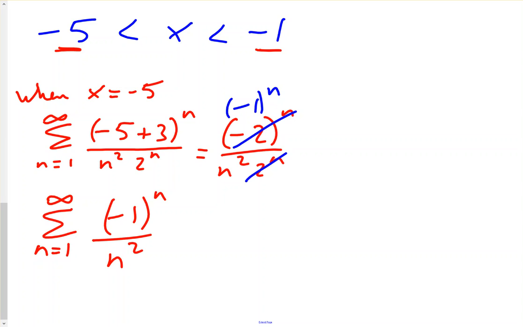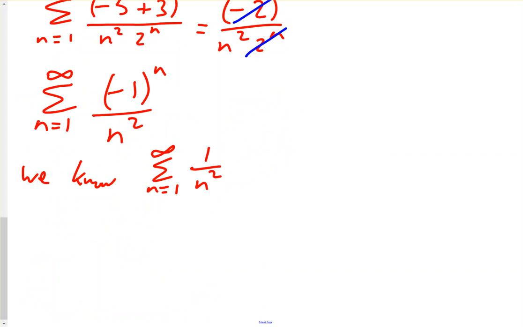Okay, so we know that the summation n equals 1 to infinity of 1 over n squared converges by the p-series.